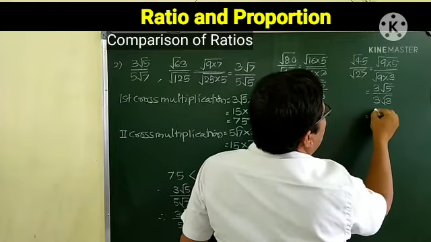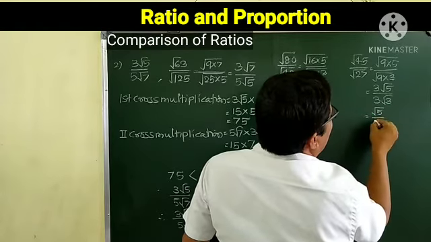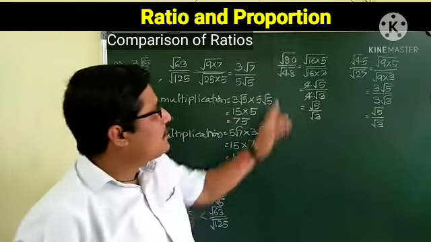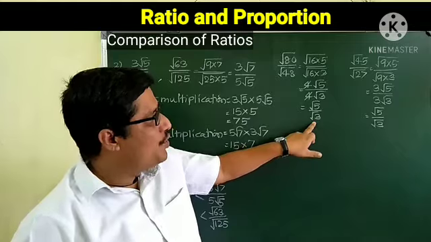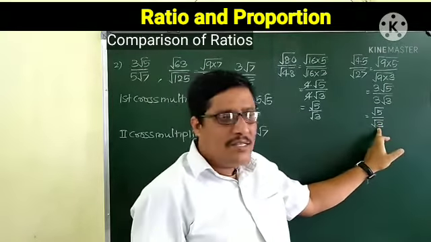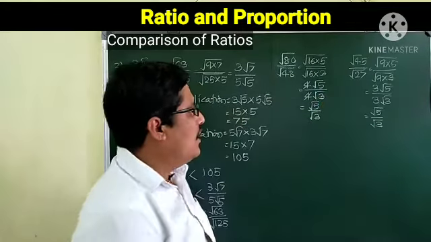So this 3 will get cancelled, so it will be square root of 5 upon square root of 3. The simplest form of first ratio and the simplest form of second ratio are same. Therefore the given two ratios are equal.